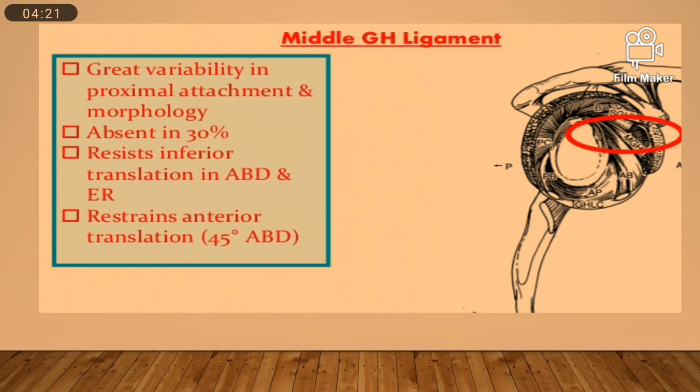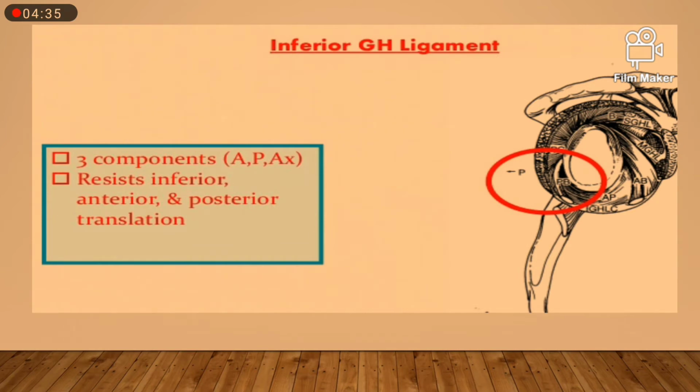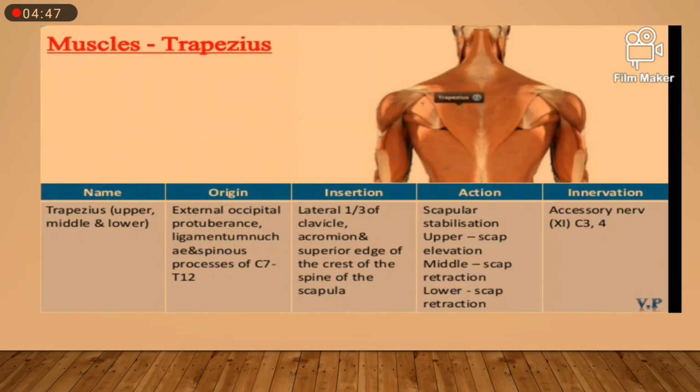The middle glenohumeral ligament, you can see in the diagram, has great variability in proximal attachment and morphology, absent in 30% cases, so only visible in 70% cases. It resists inferior translation in abduction. And the inferior glenohumeral ligament: three components are there, resisting inferior, anterior and posterior translation. You can see in the diagram here, the reds encircled.